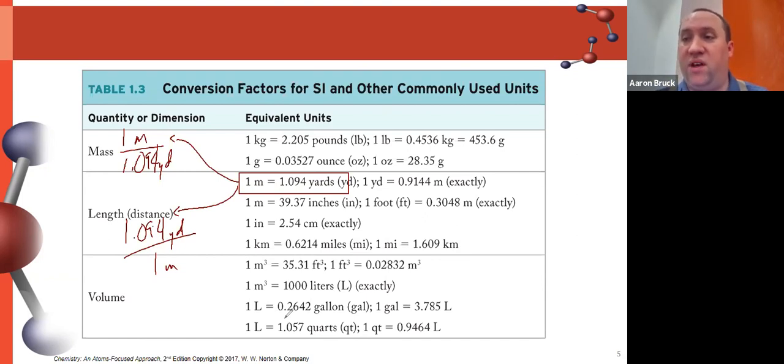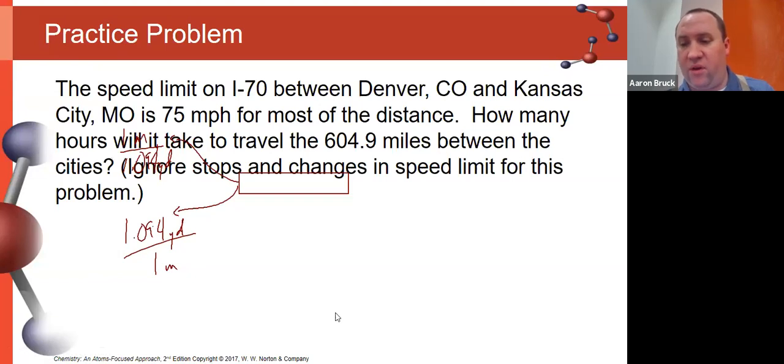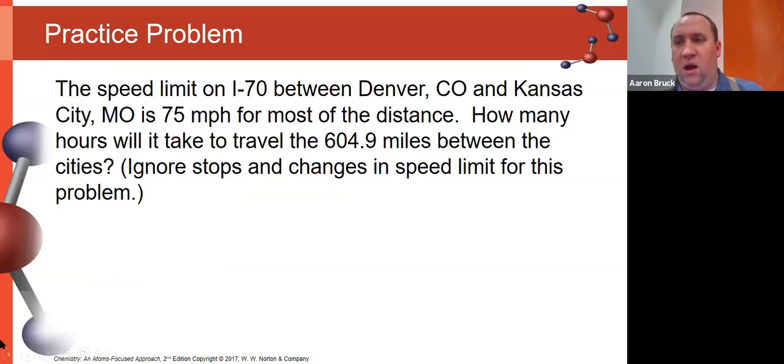Those metric prefixes, you are responsible for knowing and knowing how to convert between them. So do keep that in mind. But let's go ahead and do a couple of examples here on how to use this factor canceling method, dimensional analysis, to solve some interesting problems.